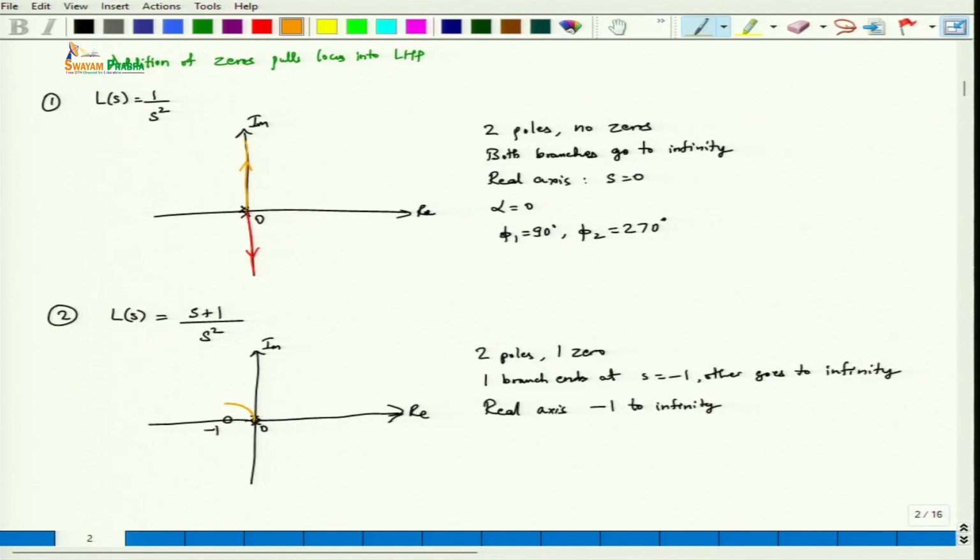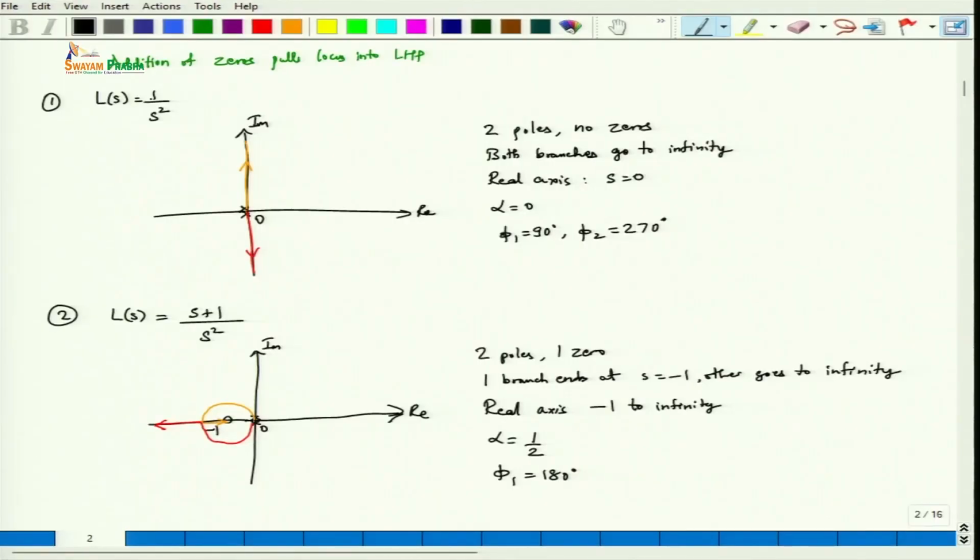One of the root loci goes along this direction and will come to this zero. The other one, in a symmetric fashion, will get something like this, and this will go to infinity. In this case alpha will be equal to half and phi is 180 degrees. So, 180 degrees means it is along the negative real axis.